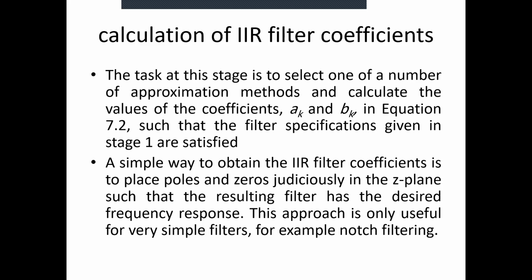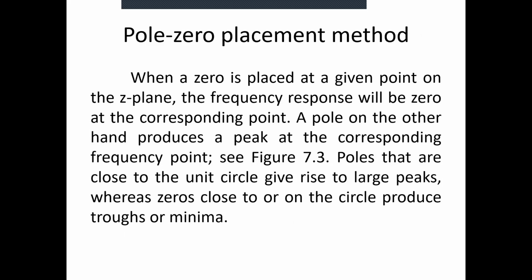A simple way to obtain the IIR filter coefficient is to place poles and zeros judiciously in the Z plane such that the resulting filter has the desired frequency response. This approach is only useful for very simple filters, for example, notch filters and bandpass filters.